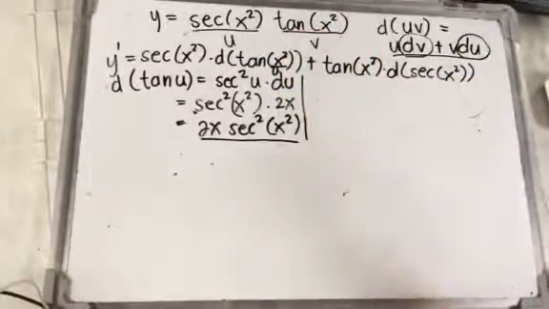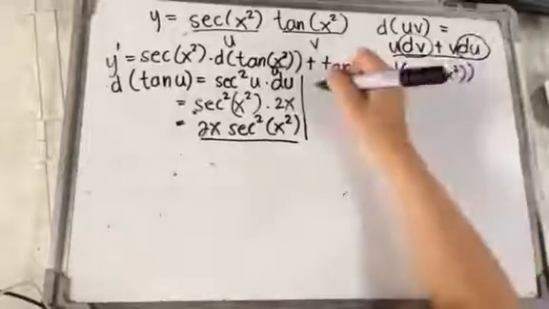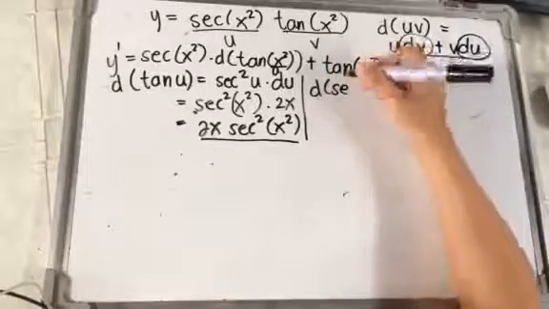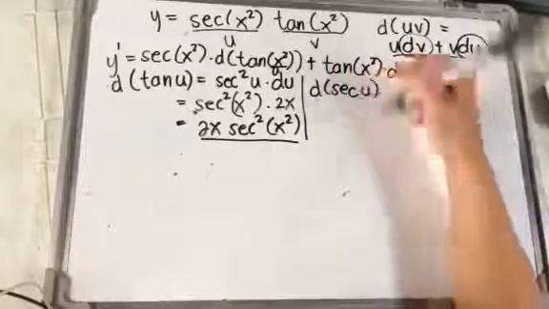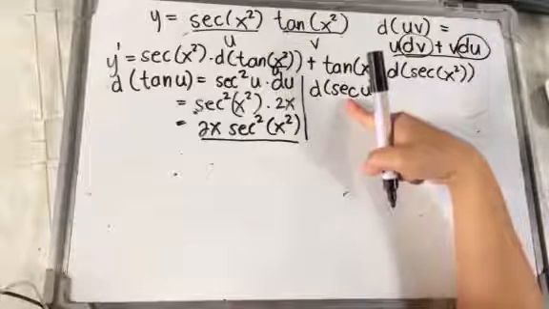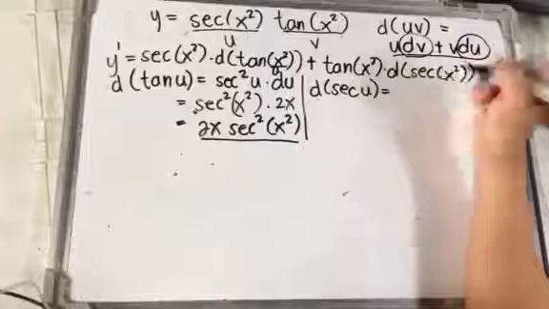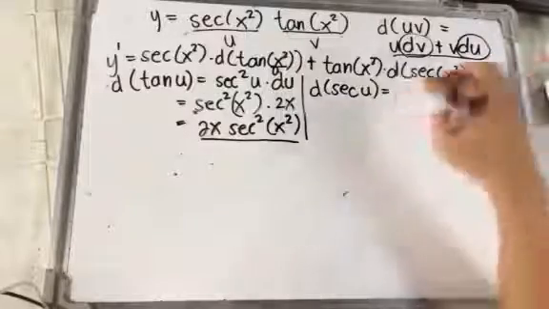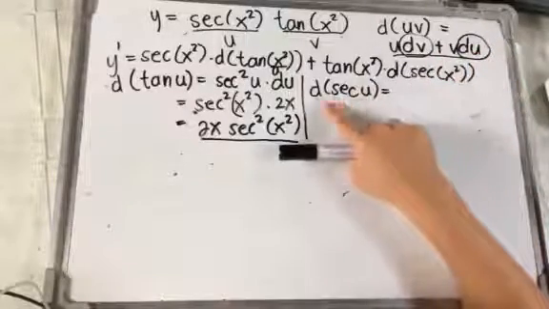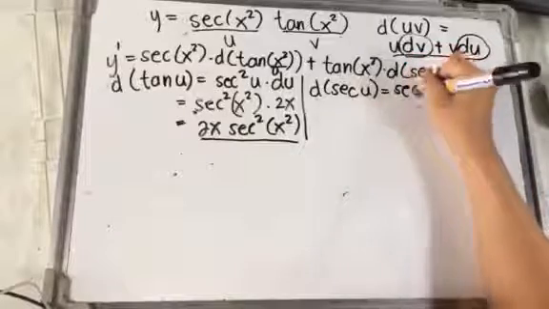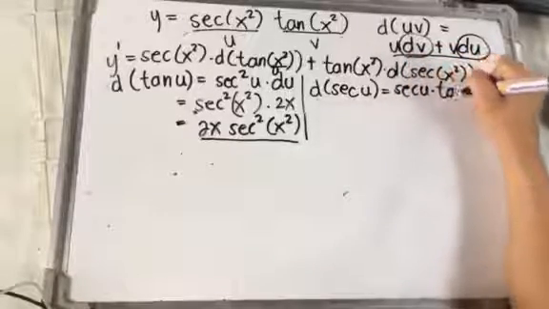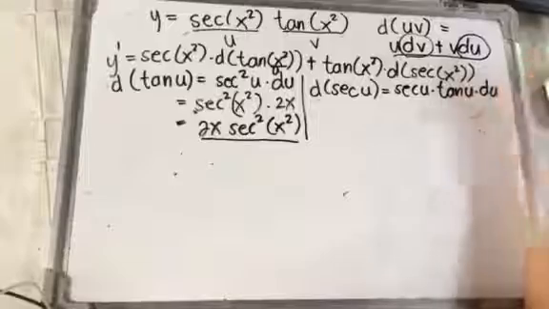On the other side, we have to derive secant. So you have to look for the derivative of secant u. The formulas are given to you in the module. You can also refer to the index part of the given module. So the derivative of secant u is secant u times tangent u times du.